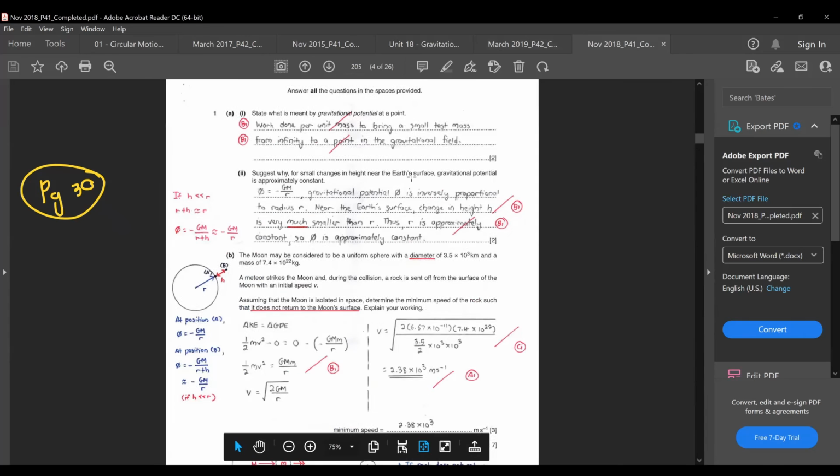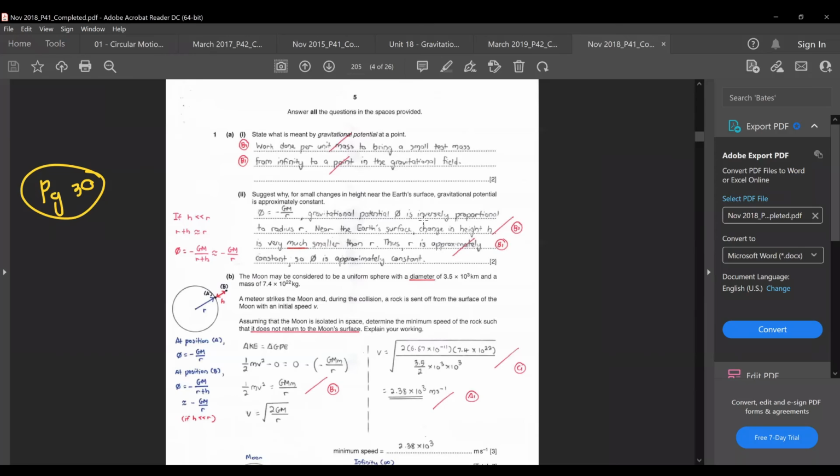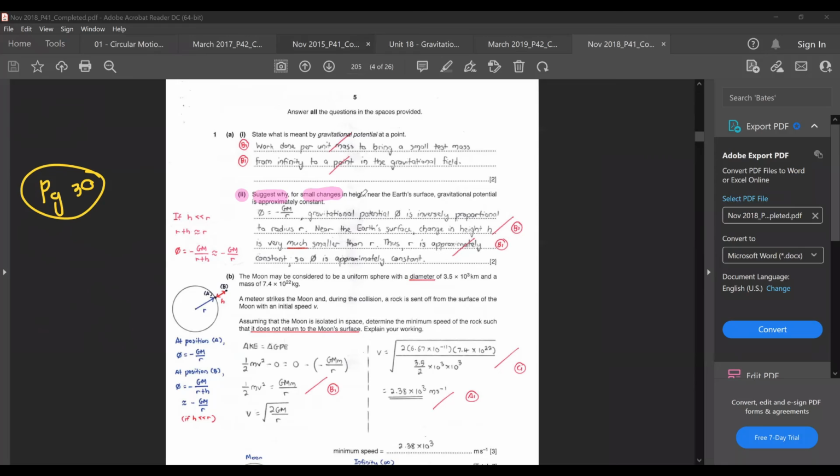So what is gravitational potential? We're just going to skip that because we've already gone through two of these kinds of questions before. What we want to look at is part 2. Suggest why for small changes in height near the Earth's surface, gravitational potential can be considered to be approximately constant.